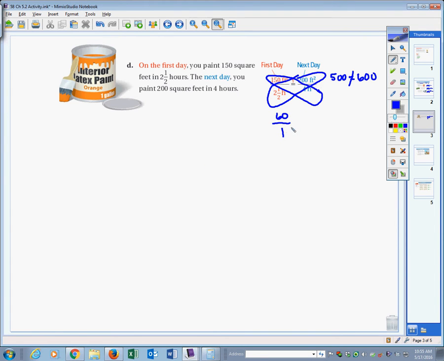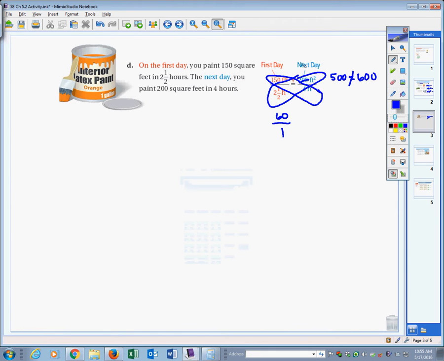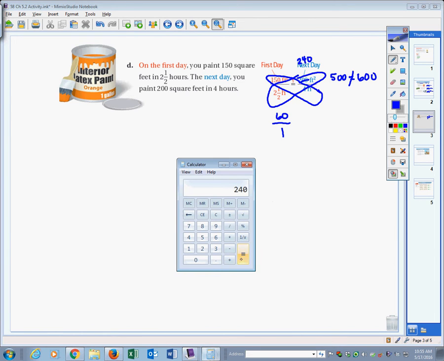So I need to look at how I can get maybe 60 times 4 is going to give me 240. So if I change my feet to 240 here and redid that cross multiplication, I'm going to be doing 2.5 times 240.